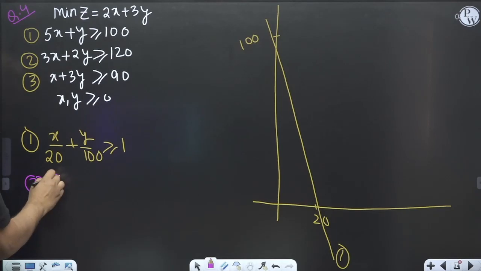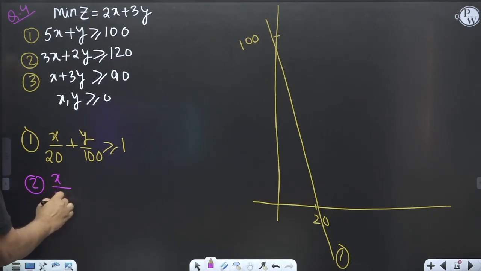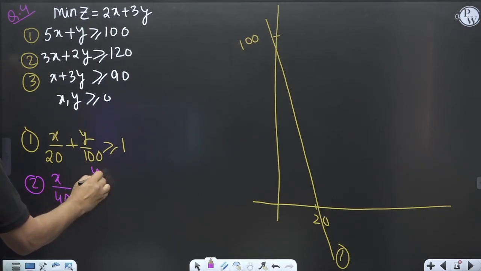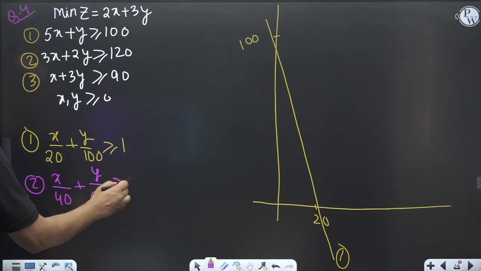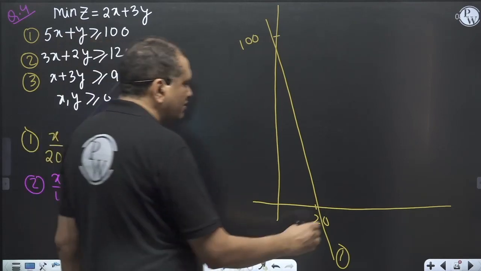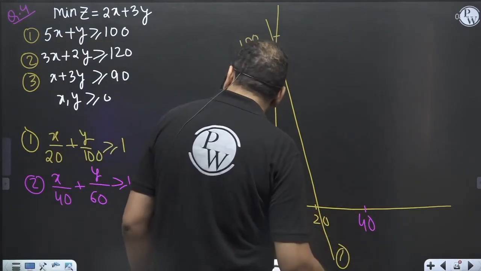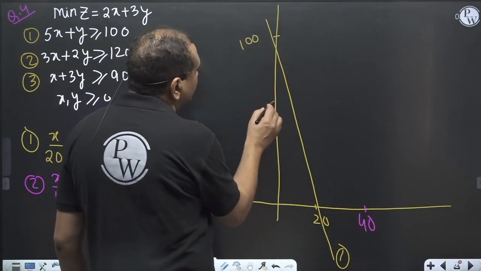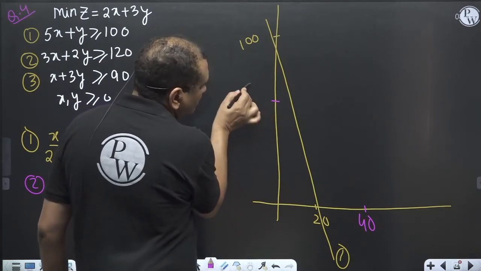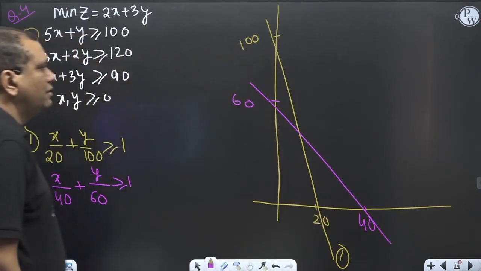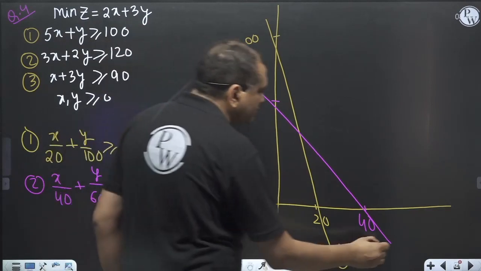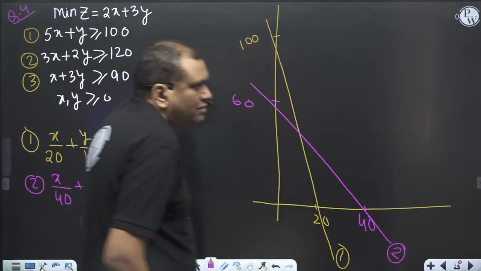Constraint 2, x divided by 40 plus y divided by 60 greater than or equal to 1. So, x is 40, y is 60. This is constraint 2.